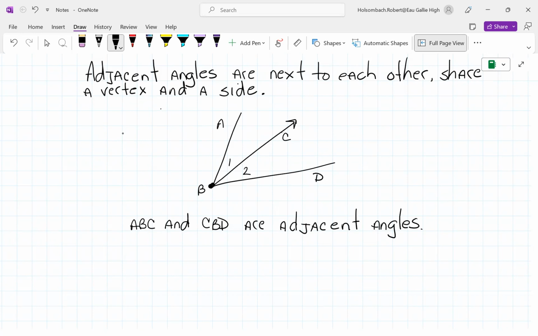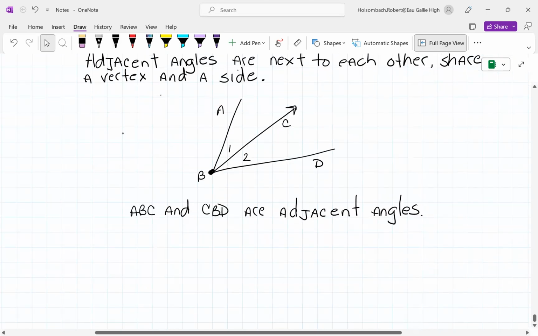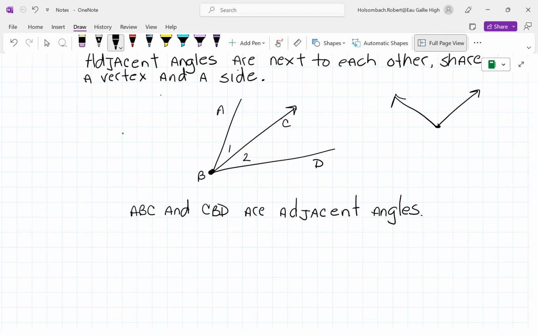There's a few more examples in the book if you want to look at them in the middle of page 46 under the key concept. All right. Now, if we put a point here, B, or the point's name doesn't really matter.